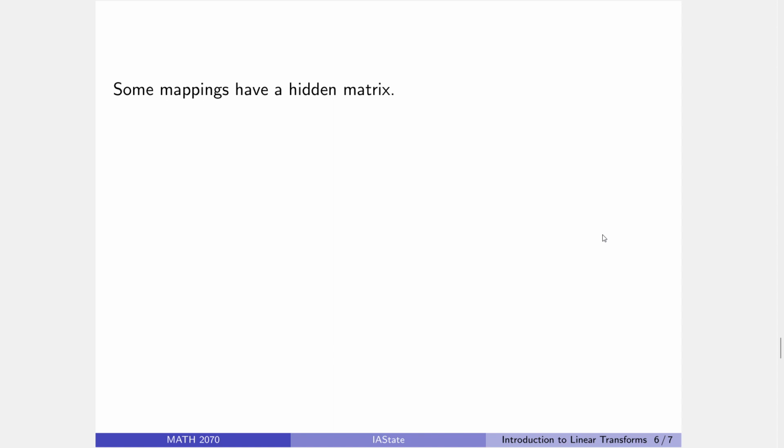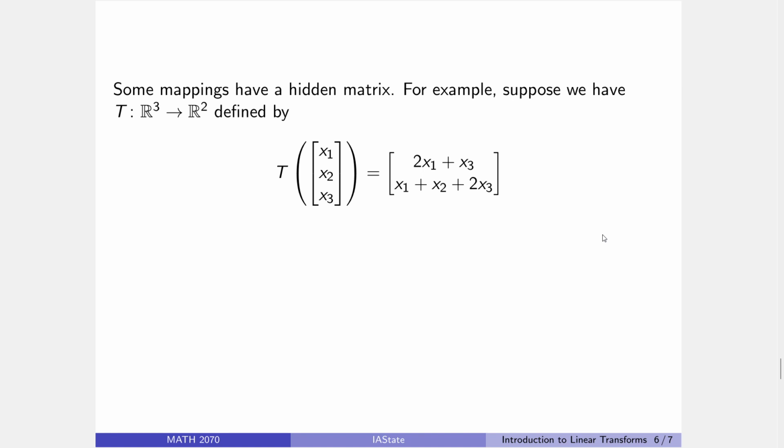And the mappings that we may be looking at sometimes will have a hidden matrix. So for example, here is a function from R3 to R2, and it may not immediately look like it, but this is indeed a linear mapping, and it's got a matrix hidden inside of it, because if we really look at what I have here, I have 2 on x1, no x2, 1 on x3, 1 on x1, 1 on x2, and 2 on x3.